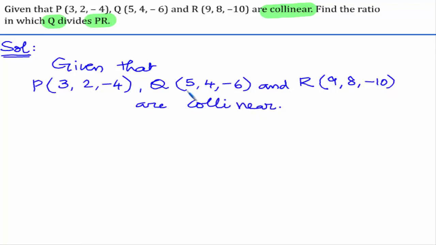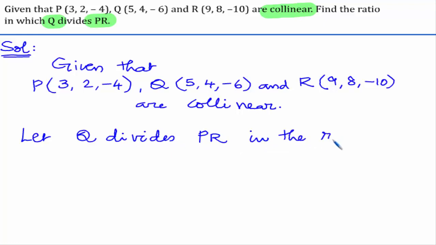Now we need to find out in which ratio this Q divides the line segment joining PR. Now let us assume Q divides the line segment PR in the ratio K:1. If we find the value of K, then we can find the ratio very easily.